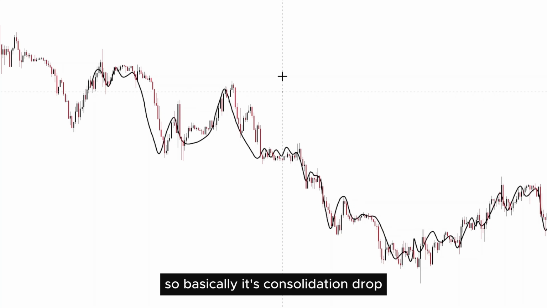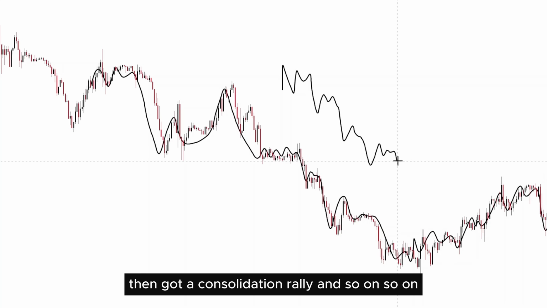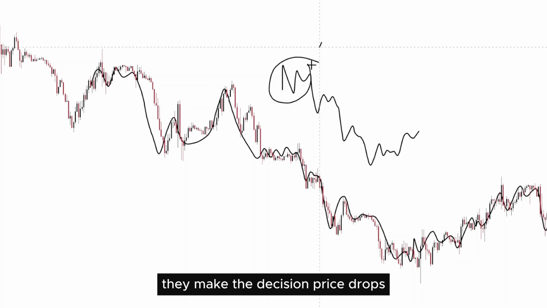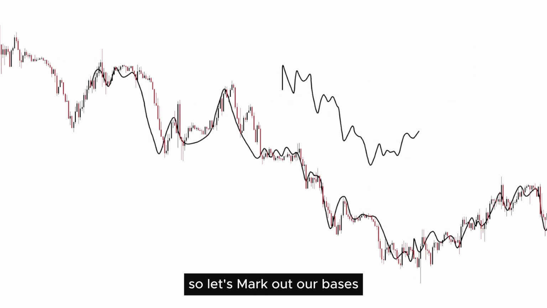So basically, it's consolidation, drop, consolidation, drop, consolidation, drop, then a consolidation, rally, and so on, so on. So this is how price moves. So money gets accumulated, they make the decision, price drops. Accumulating money, decision made, drop, and so on. So let's mark out our bases.